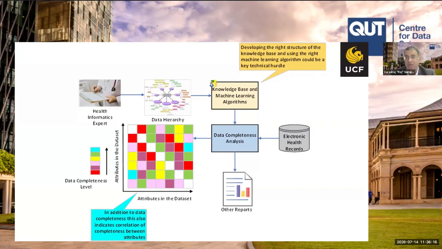You could have knowledge base and machine learning algorithms that improve the idea on how data incompleteness must be analyzed or quantified. Maybe we came up with a method of quantifying incompleteness in electronic health records. Maybe that's not a perfect method. Maybe you guys have a better method to quantify incompleteness of electronic health records.